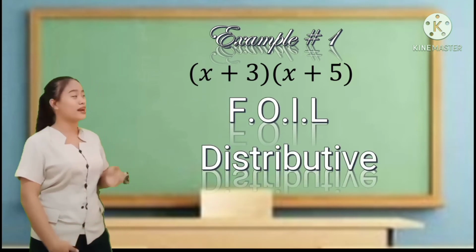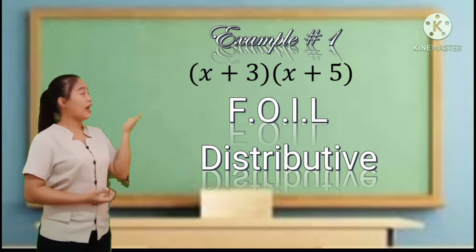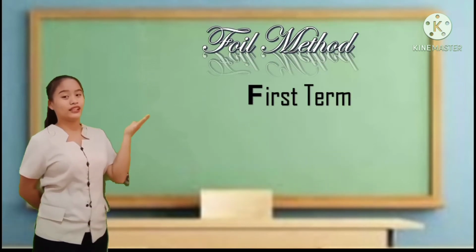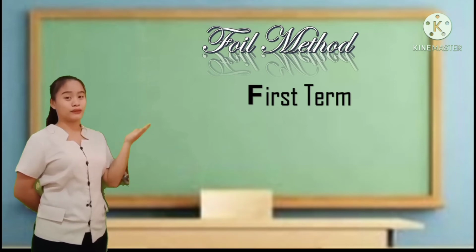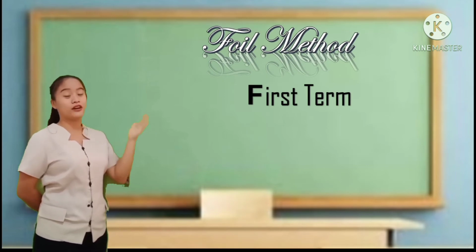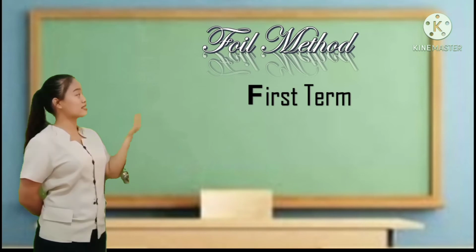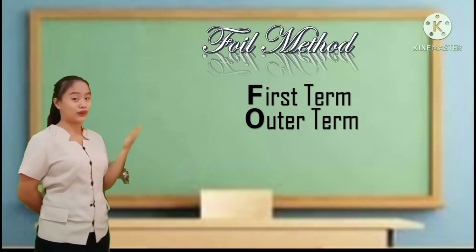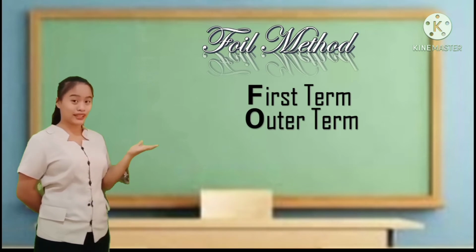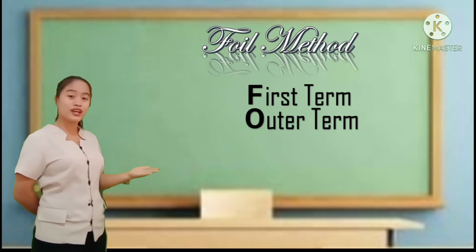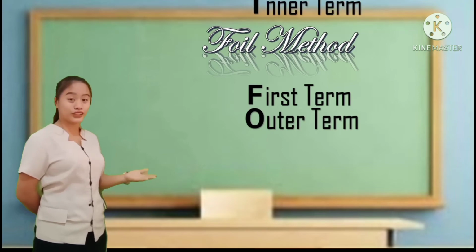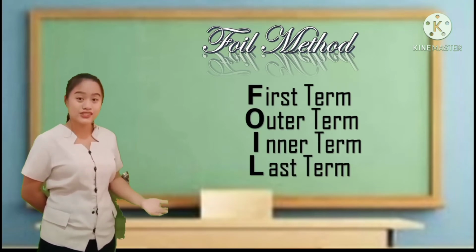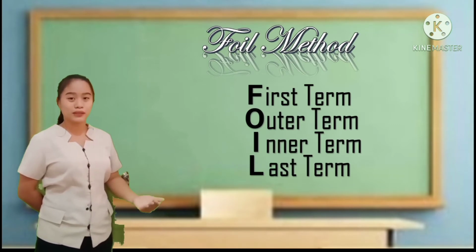FOIL stands for F, the first term, meaning we are finding the first term. Next is O, the outer term. I, the inner term. And the last is L, the last term.